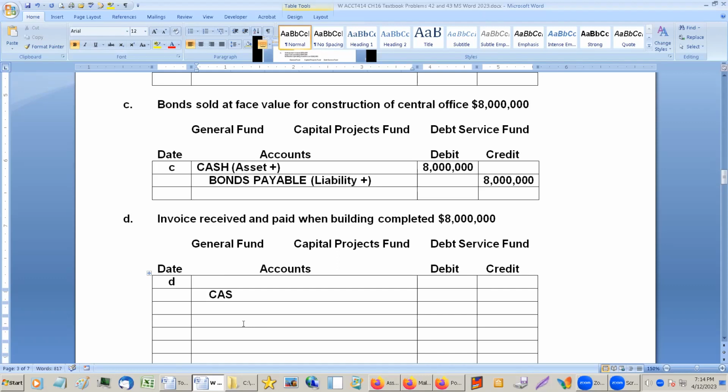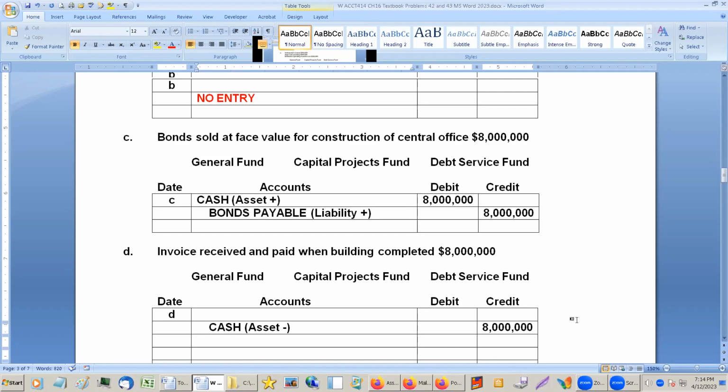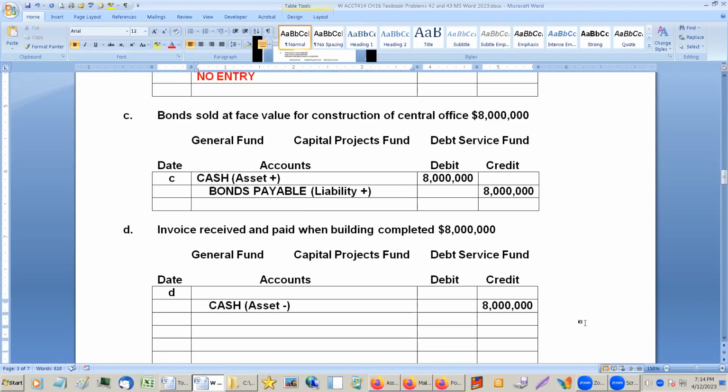Oops, because it's not so easy. Cash. I'll tell you what it's not. It's not expenditure.